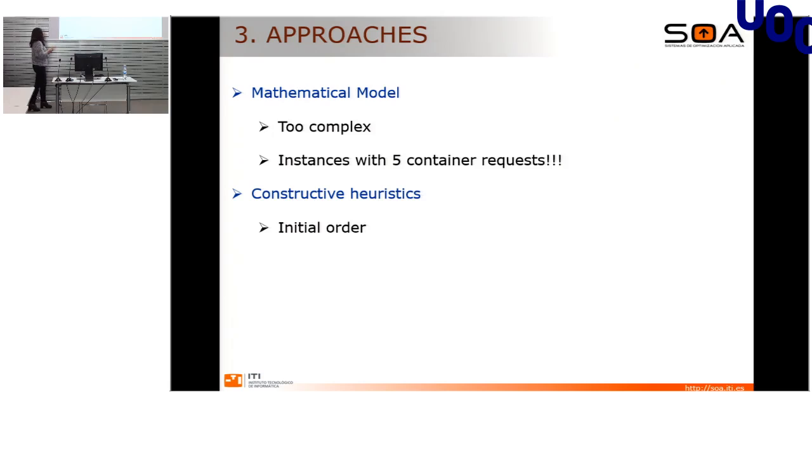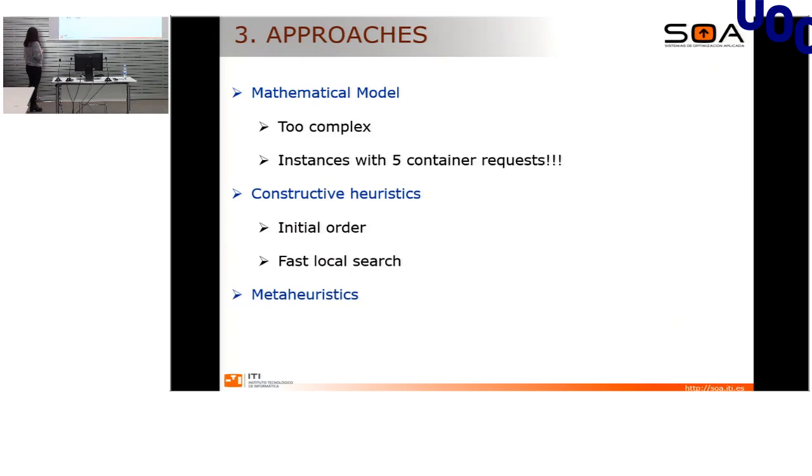And we are working on developing a fast local search, because we want to allow movements in the sequence of the crane, but in a fast way, because we want to change the sequence and evaluate all the objective function again, but quickly, because if not, we cannot do movements.